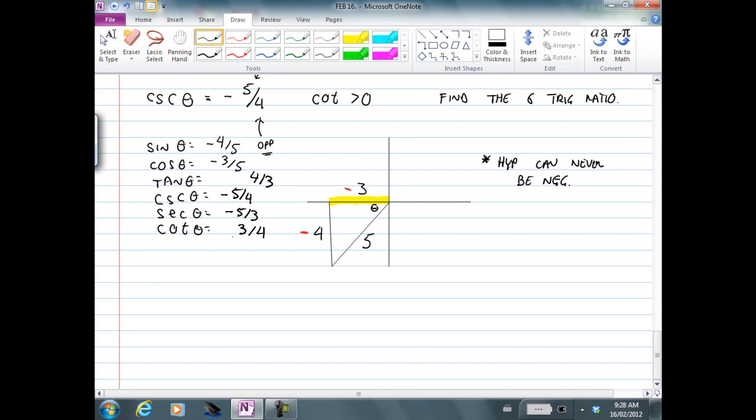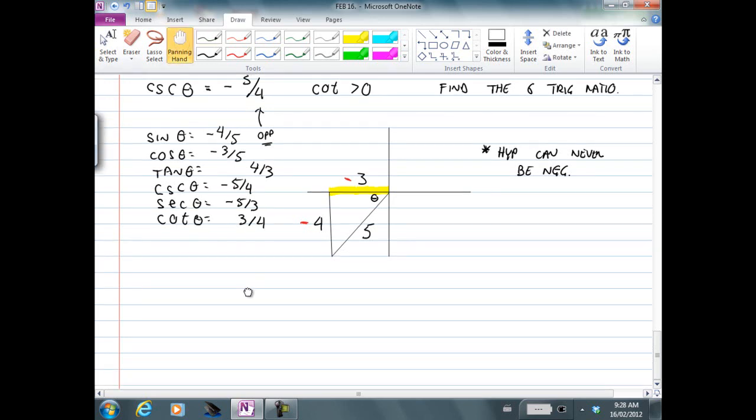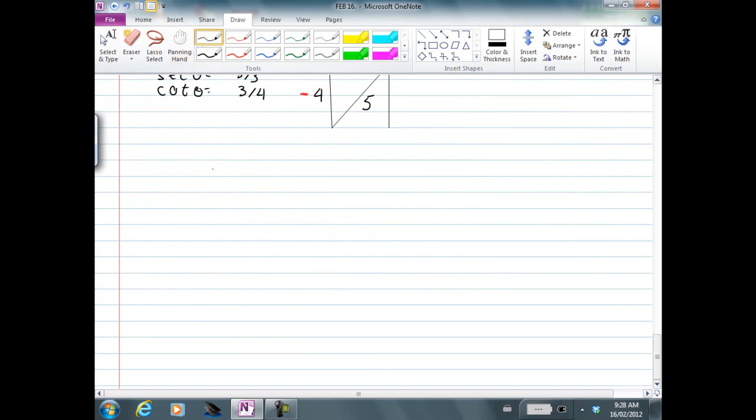Nothing too bad. One last type of question that can be given on your homework is this. What if I give you a coordinate? It says find sine theta given this point on the terminal arm.